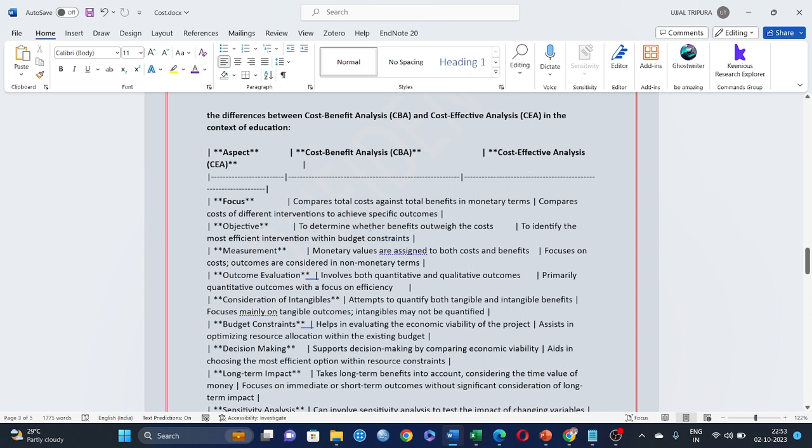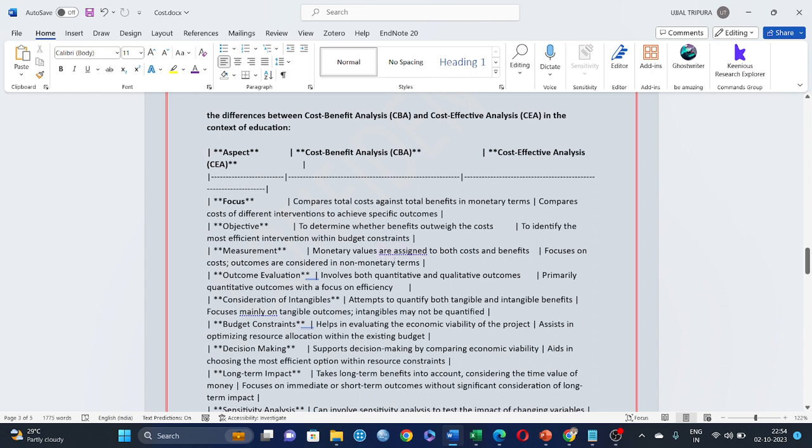The objective of cost benefit is to determine whether benefit outweighs cost. Another is to identify the most efficient intervention within the budget constraint. Under cost effective you have a specified goal and objective, so although you are giving different interventions, the objective is whether it is achieved within this budget or not.